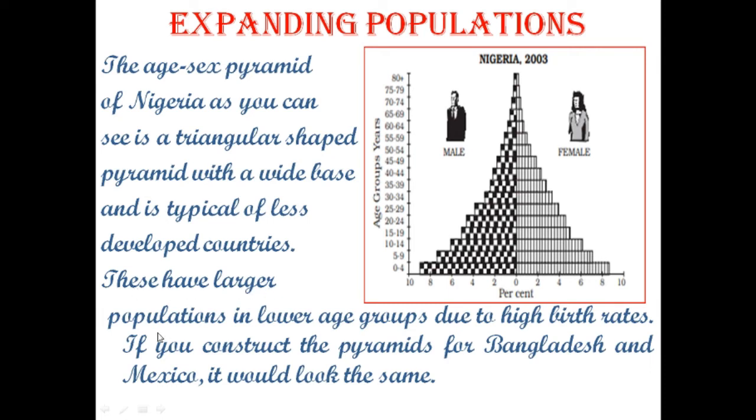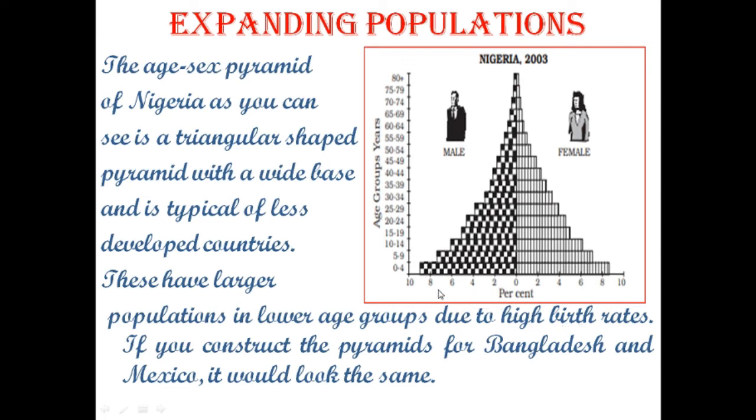These have larger population in lower age groups due to high birth rate. If you construct the pyramid for Bangladesh and Mexico, it would look the same because in Bangladesh and Mexico there is also high birth rate.